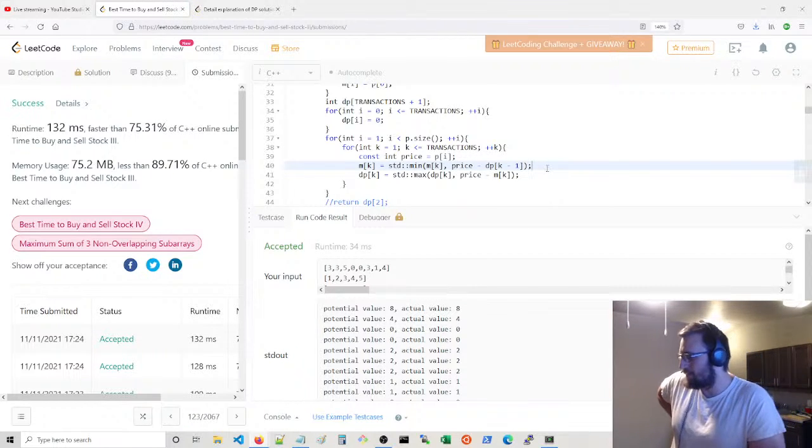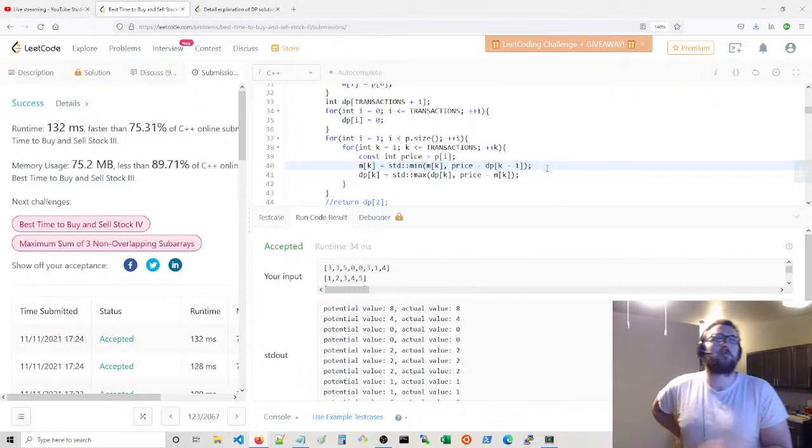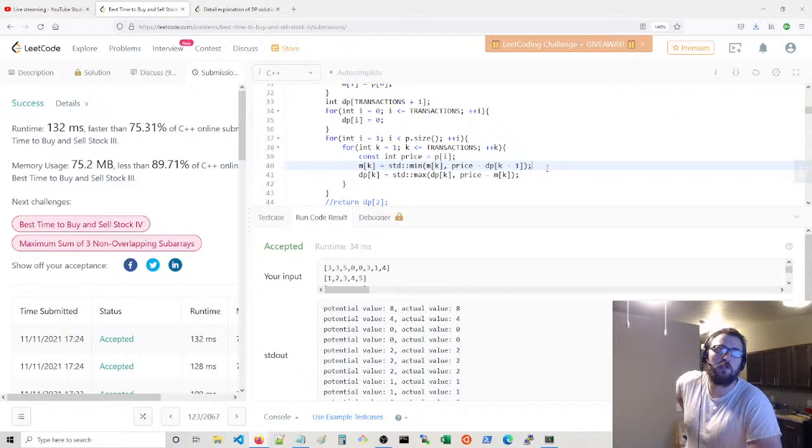I think the deal is in every one of these cases, when you modify dp, you won't modify the next value. So every time you have a change in that same iteration, that same loop, you won't actually update dp of k plus 1 anytime you modify dp of k.